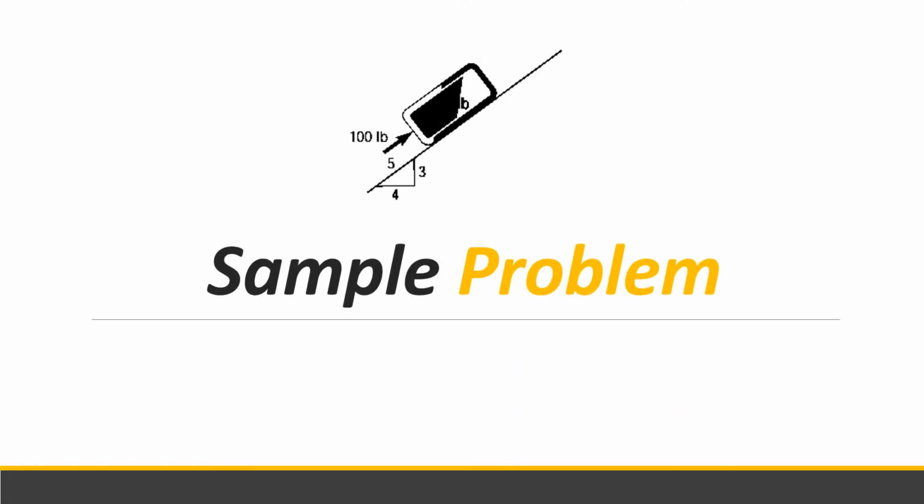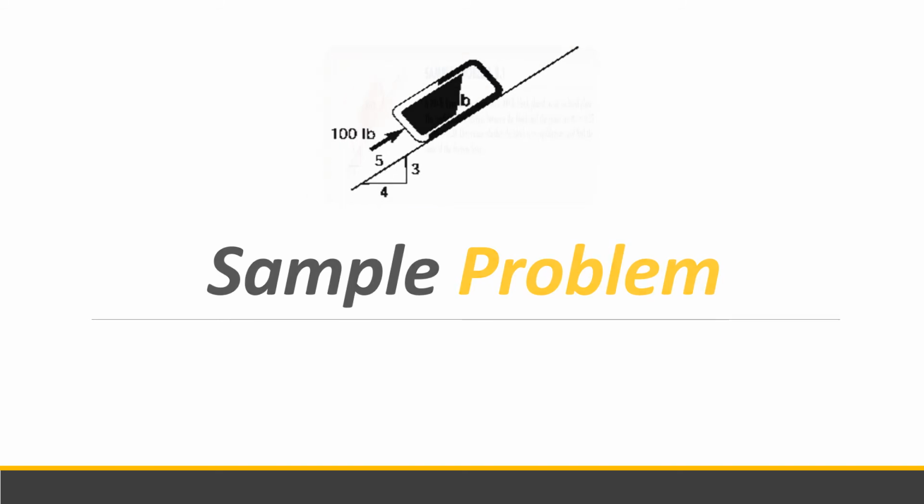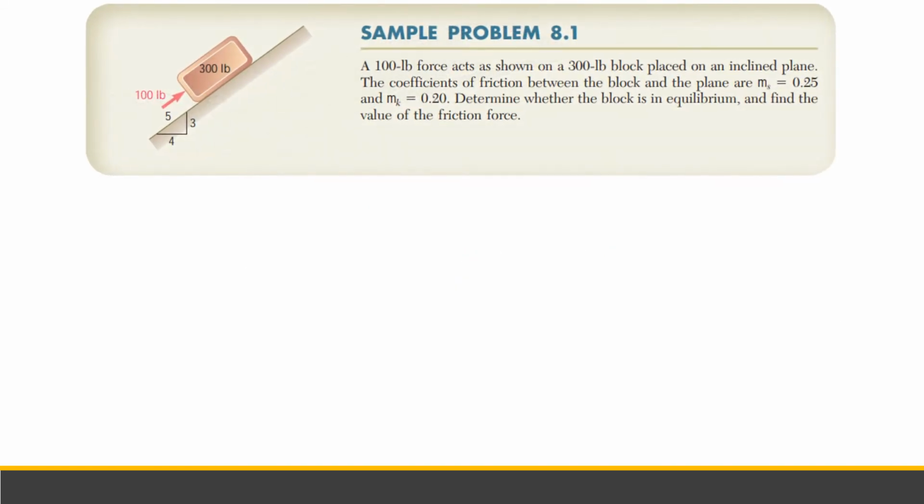Okay, so the best way to understand the topic or the theory is to apply it in a sample problem. So let's have a sample problem. Problem 8.1. A 100-pound force acts as shown on a 300-pound block placed on an inclined plane.